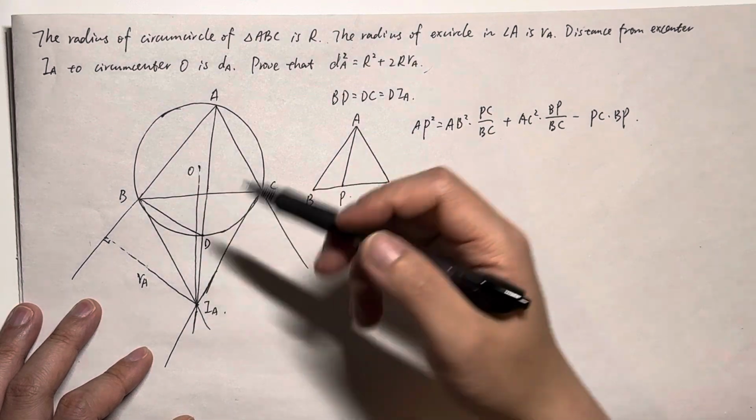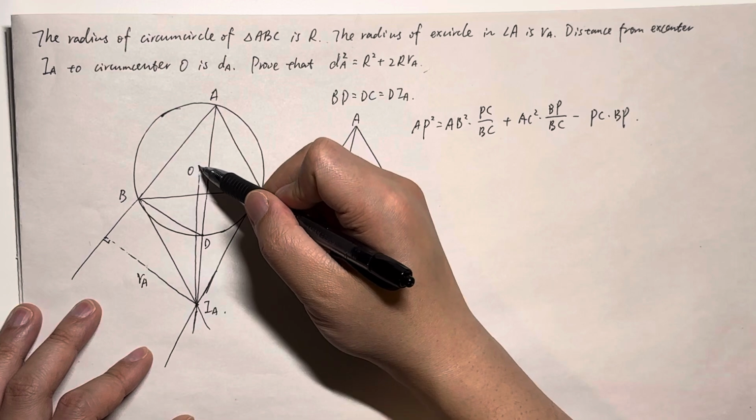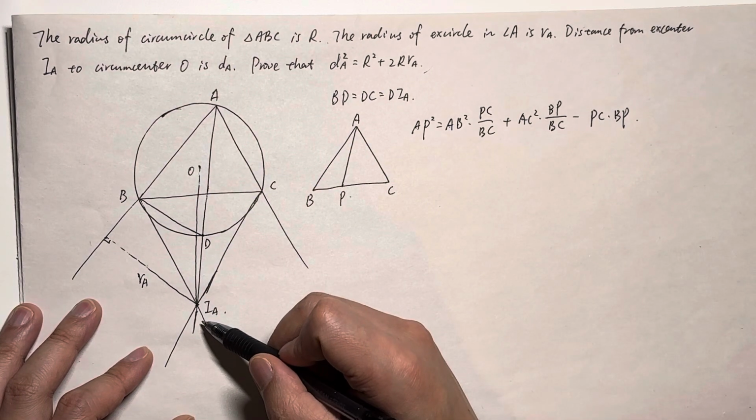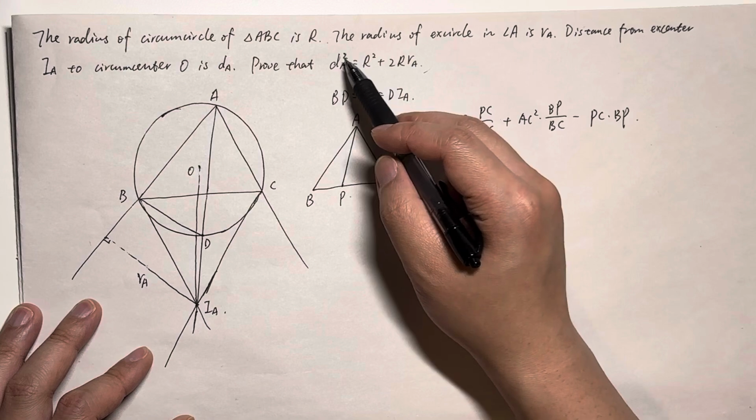So for this problem, we want to calculate OIA squared, which is dA squared.